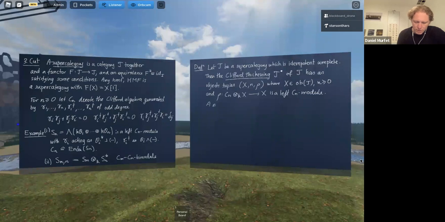So a morphism between such tuples, it's a morphism of Cm modules.